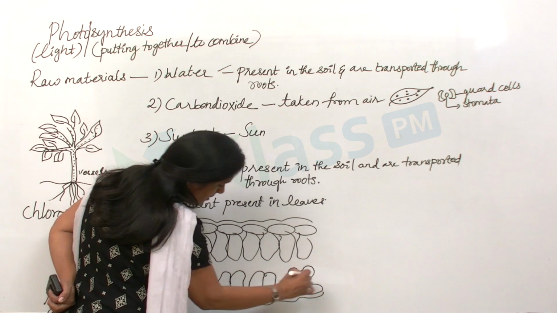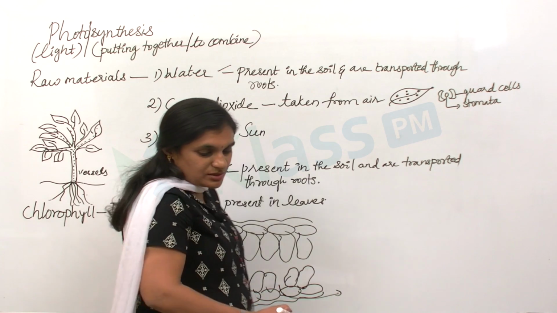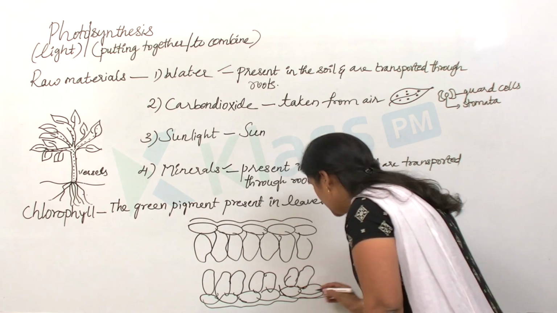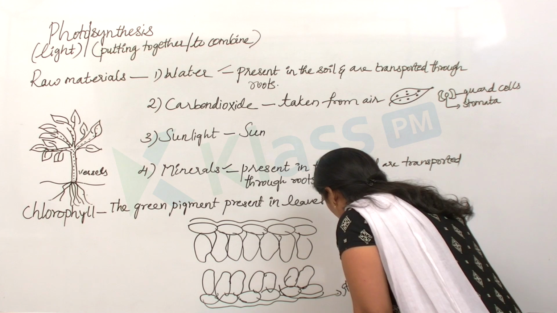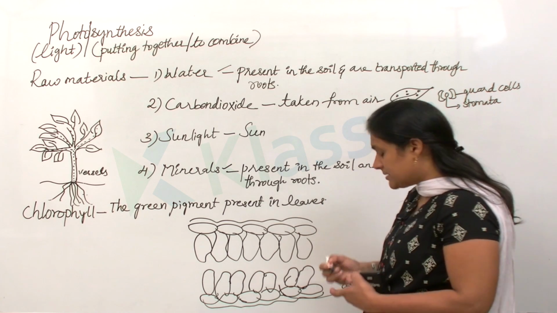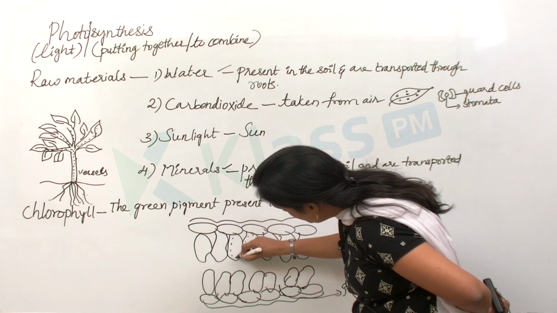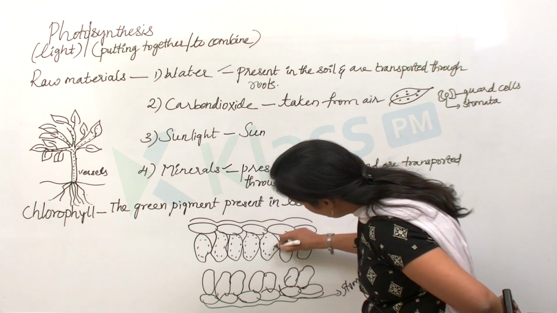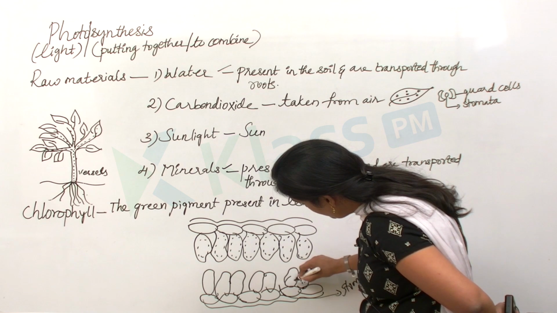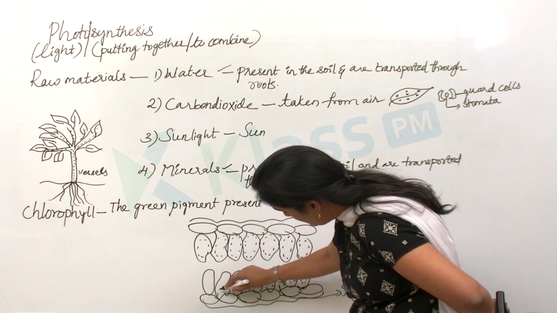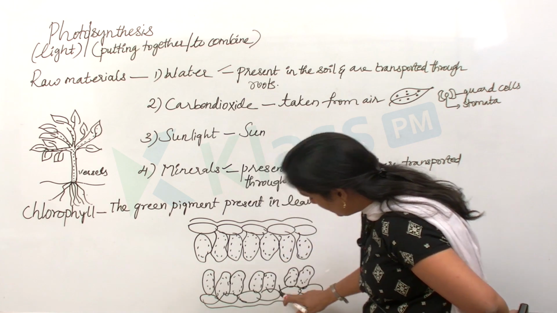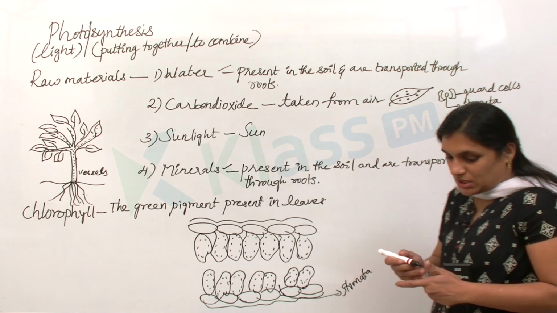You see this small opening, that is nothing but stoma. This is stoma or stomata. The opening is said to be stomata. This is the structure of a leaf where you see that they have chloroplast. On the lower side of the leaf, you have an opening which is said to be the stomata.